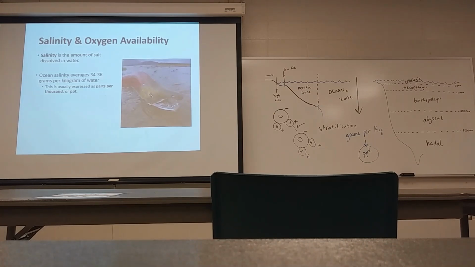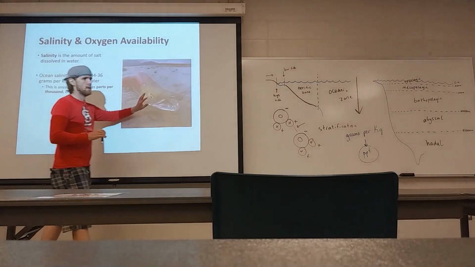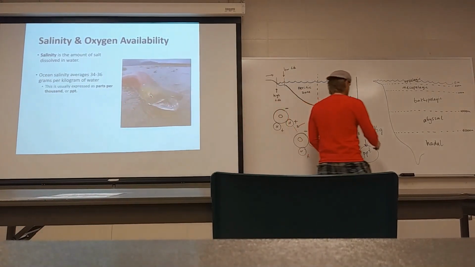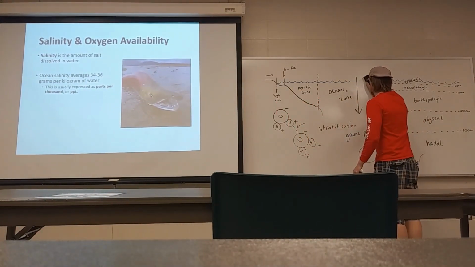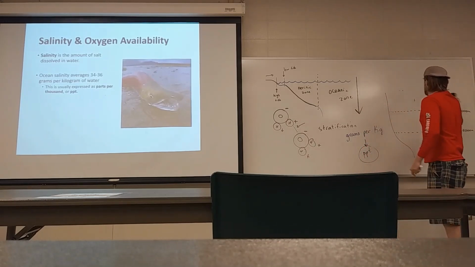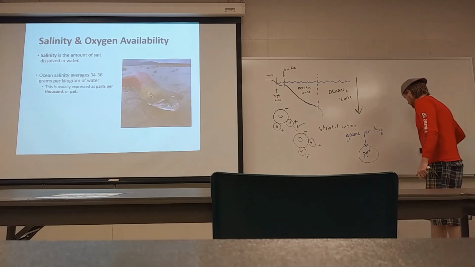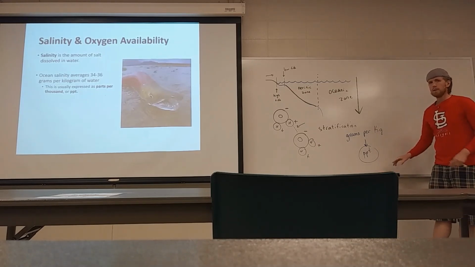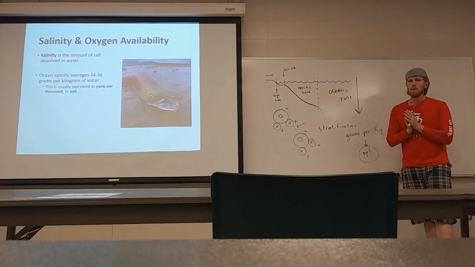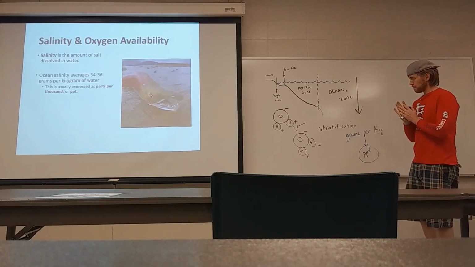I've got a picture of a sockeye salmon here. Why is that there? Because salmon are one fish species that is able to tolerate the salinity of the ocean and the complete lack of salt in fresh water.